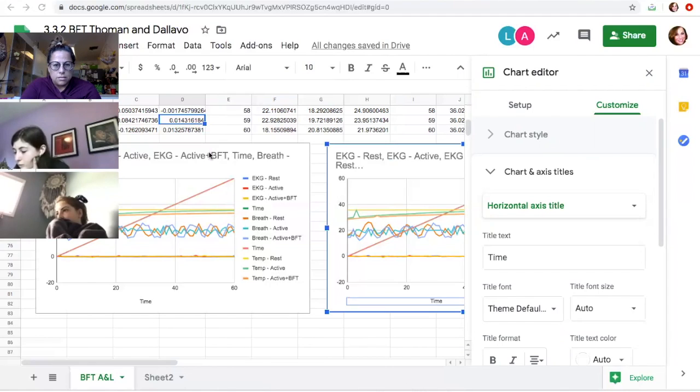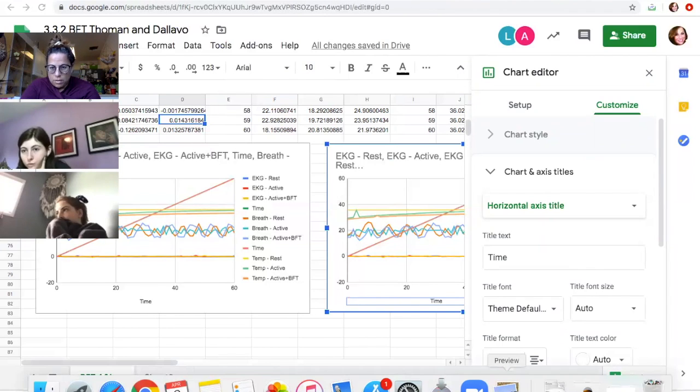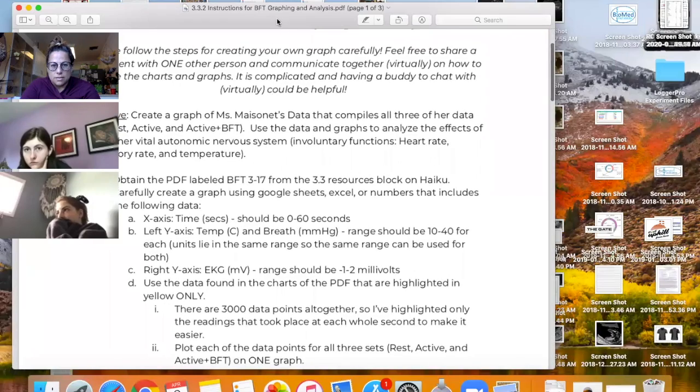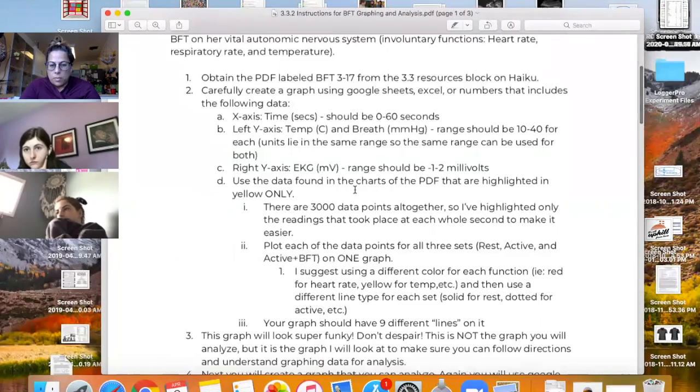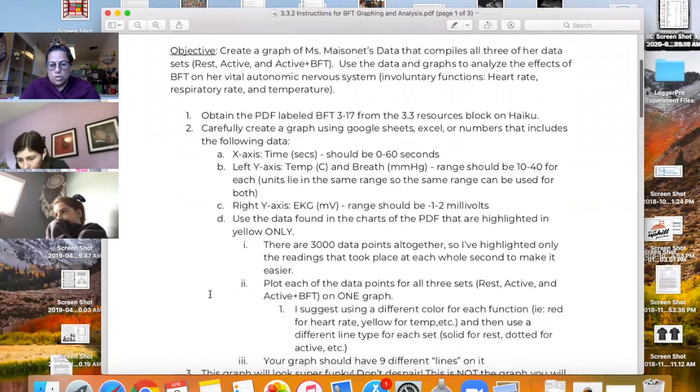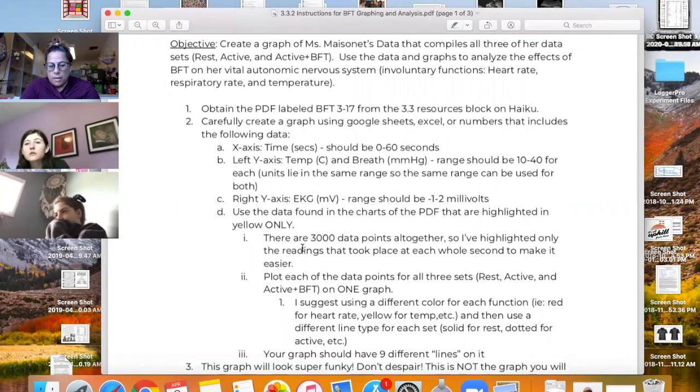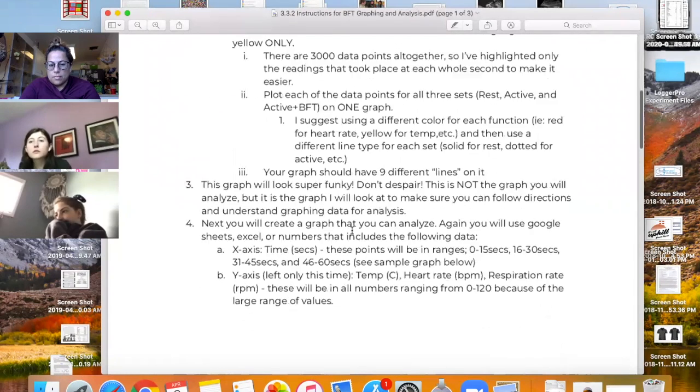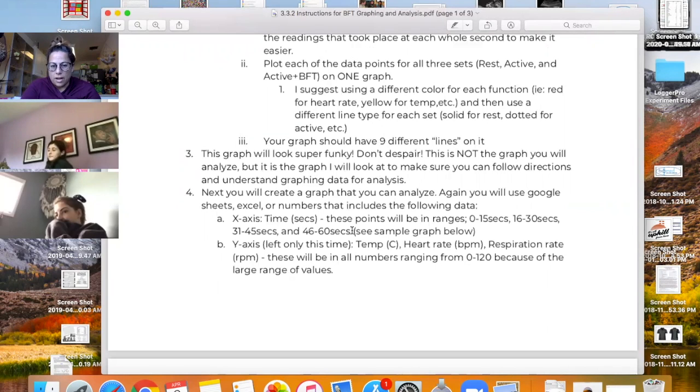If you still have your instructions up somewhere where you can see them, you are now at the part where you're on 2 A, B, C, D. Well, really just A, B, C, okay? And 4 A, B. Anyway, I'm just going to walk you through it rather than you having to read the instructions.